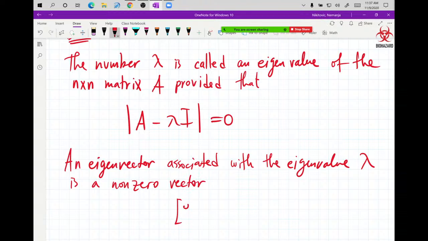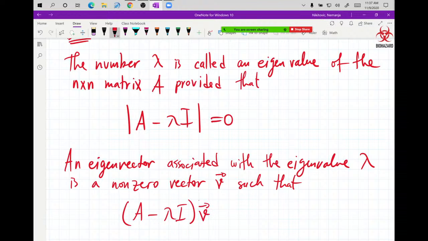That means you can't have 0, 0 or 0, 0, 0 or any of those. Those are not allowed. So it's a non-zero vector V such that, and now we have the other equation, A minus lambda I times the vector V is equal to the 0 vector.